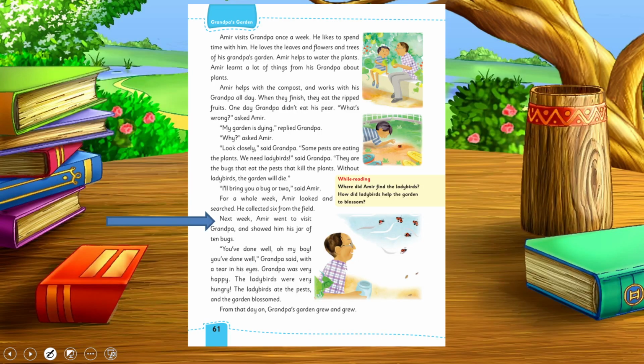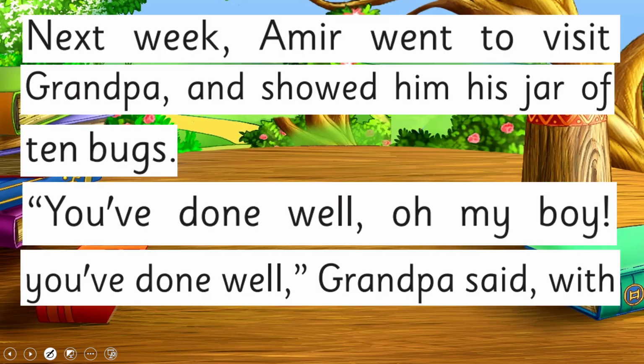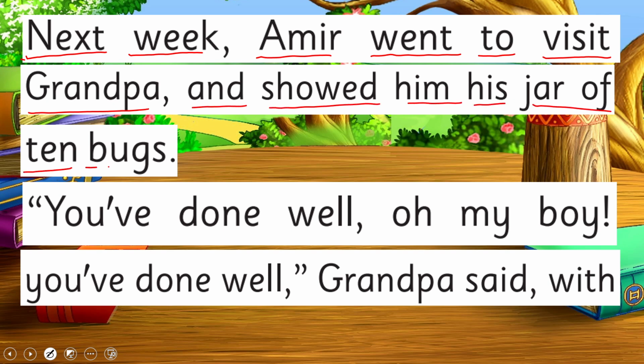So I'm going to start reading. All of you open your books on page number 61, from the second last paragraph, starting from here. Listen carefully, because after me you will read it. Next week, Amir went to visit Grandpa and showed him his jar of 10 bugs.